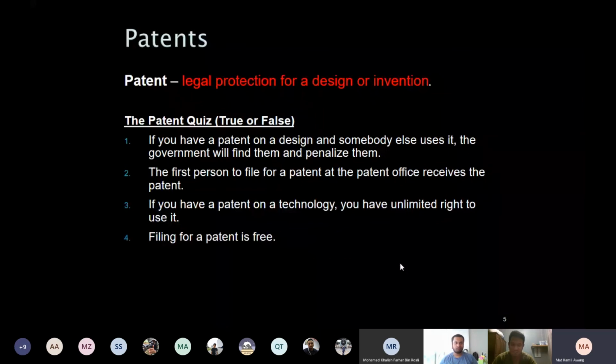If you want to protect in Malaysia, you patent in Malaysia. If you want to patent in countries under WIPO, the World Intellectual Property Organization, then you patent at WIPO, so it covers various countries. So a patent is bound by geography, by which country you want to protect.